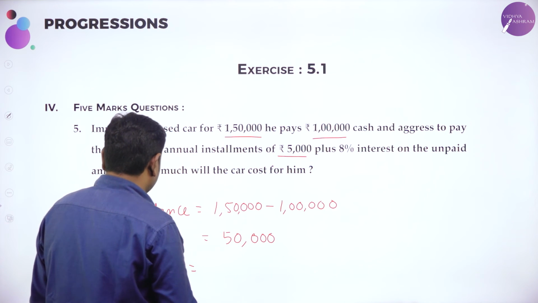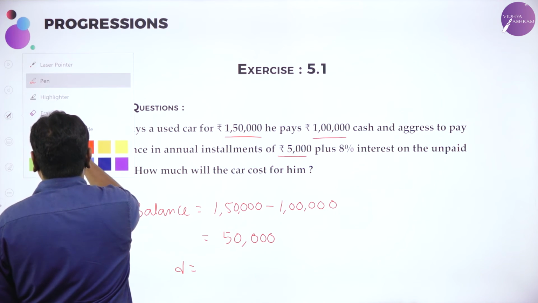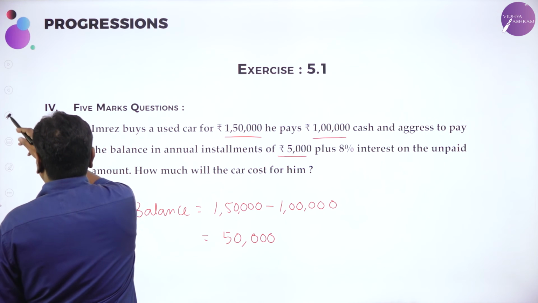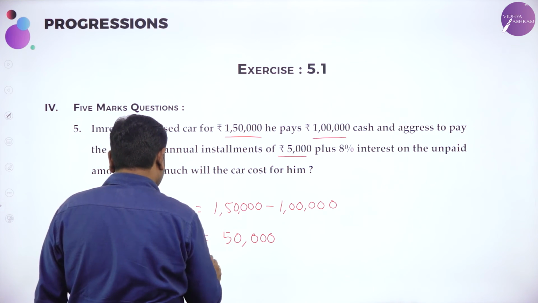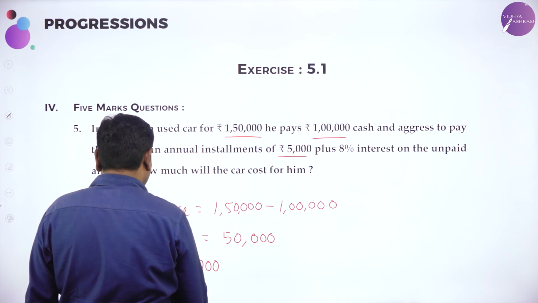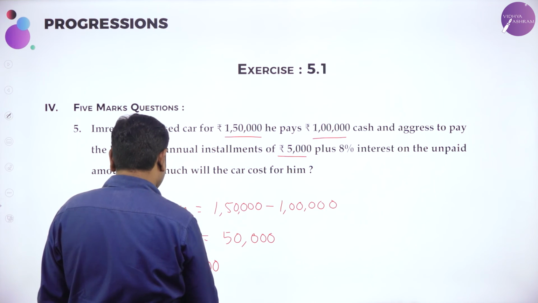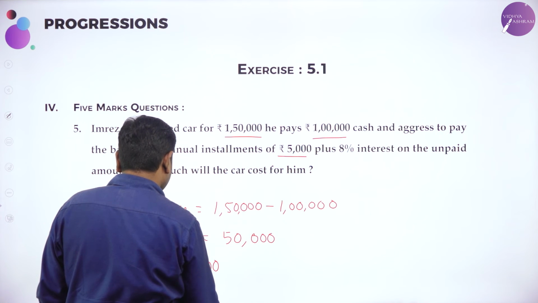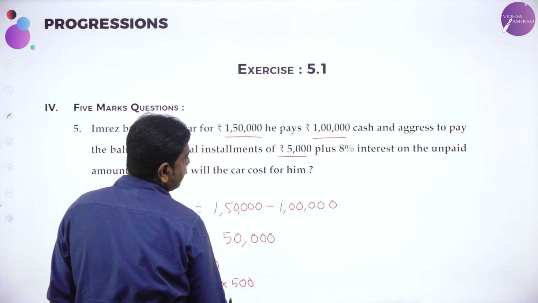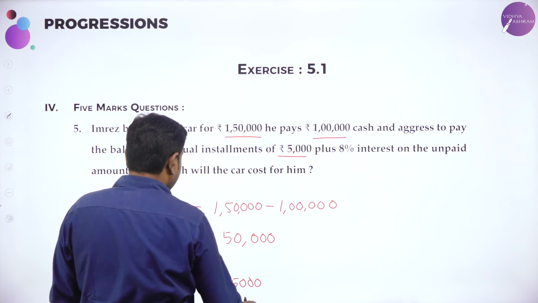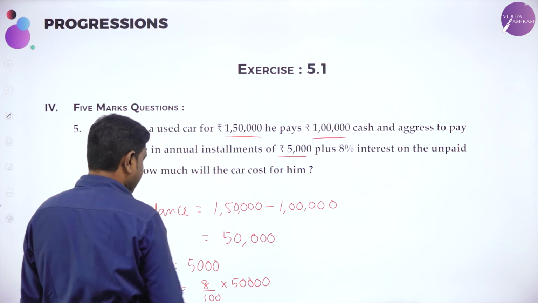Plus interest. Okay, plus interest. See, listen. So installment is A, 5,000 rupees. Common difference is interest. 8%, 8 by 100 of this 50,000.